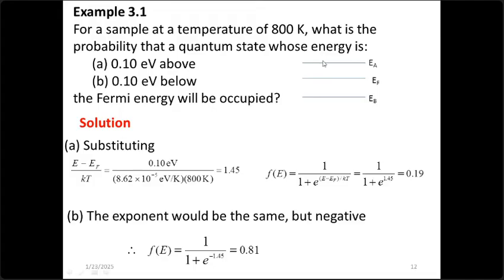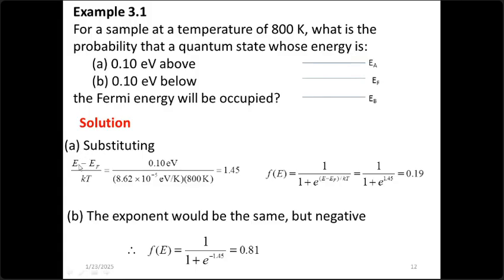You go to your calculator and take 1 divided by 1 plus e raised to power 1.45. If you find it difficult, you can first work out e raised to this power. If you are careful, you'll find it is 0.19. This is the probability.